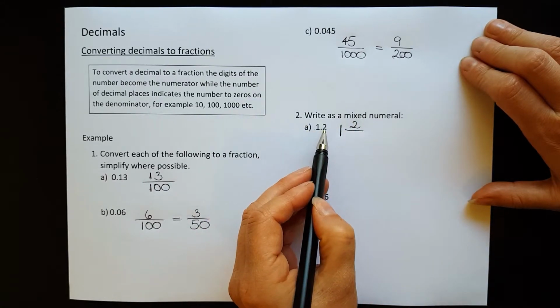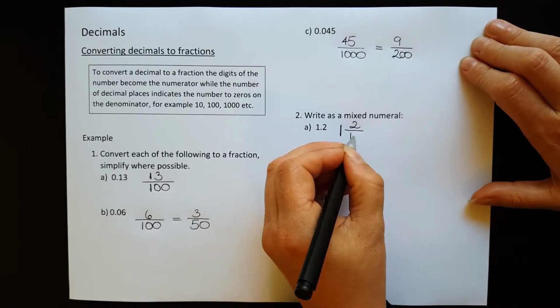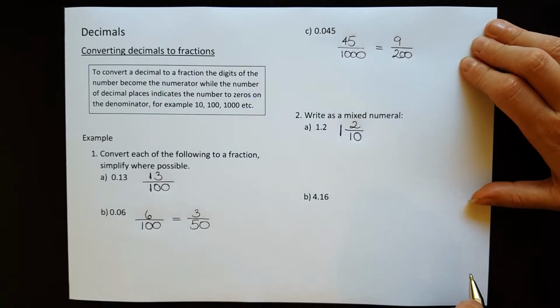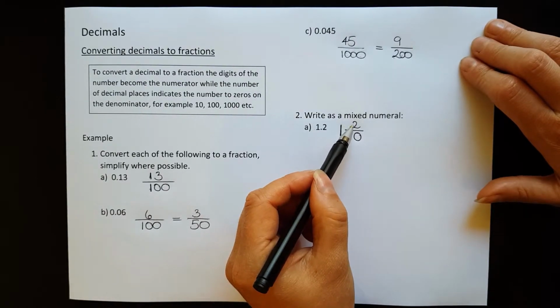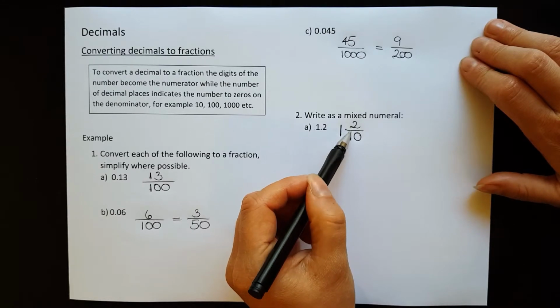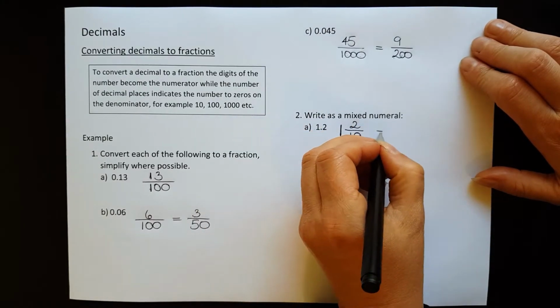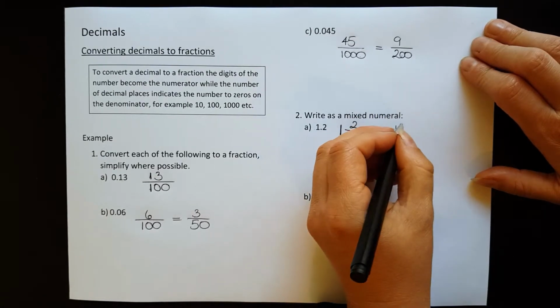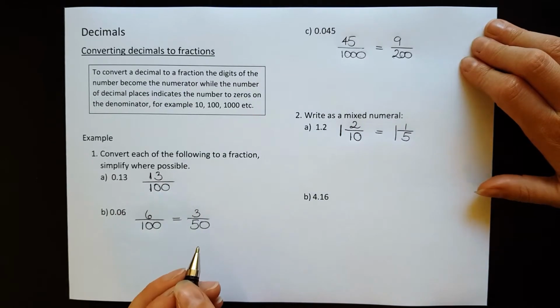And because there's only one decimal place here, then it will be over 10. Now, always check to see if you can simplify. 2 and 10 can both be divided by 2. So the 1 is just going to stay there, and I'm going to divide by 2 to get 1 over 5 as my simplified answer.